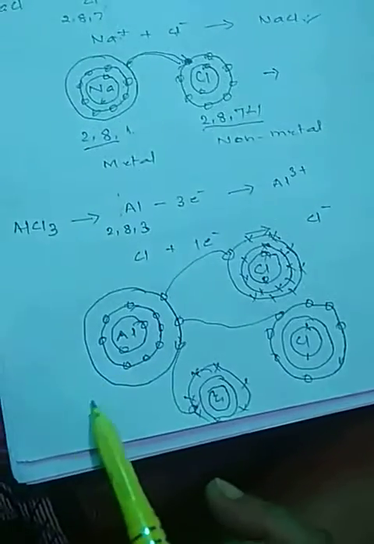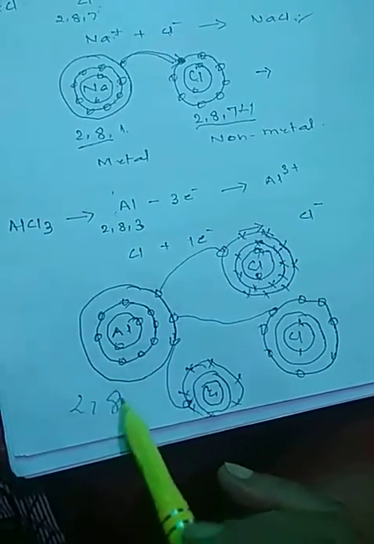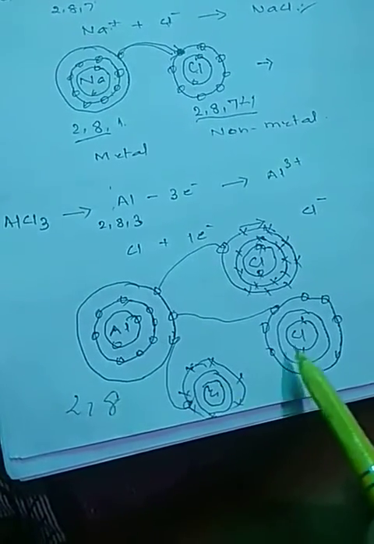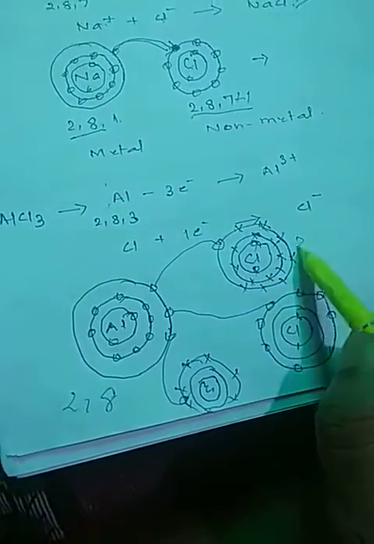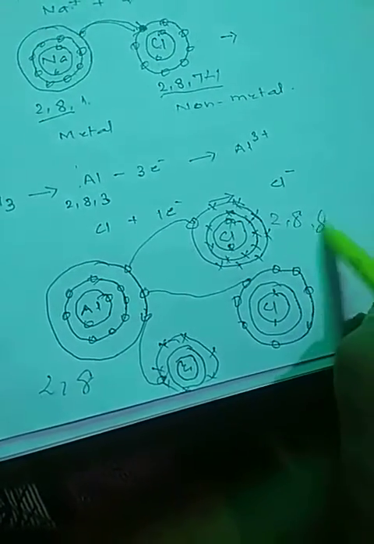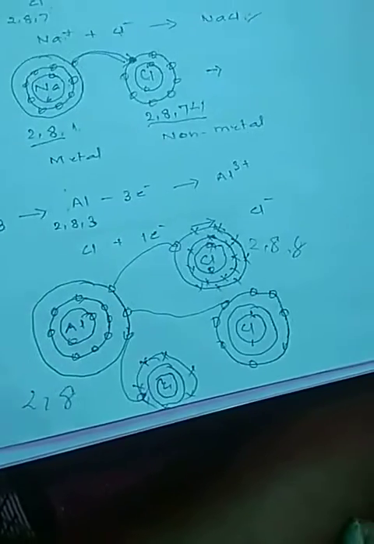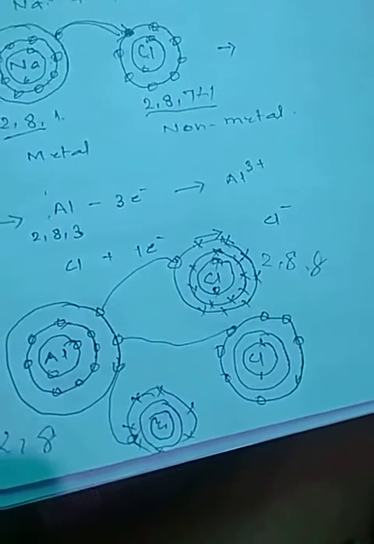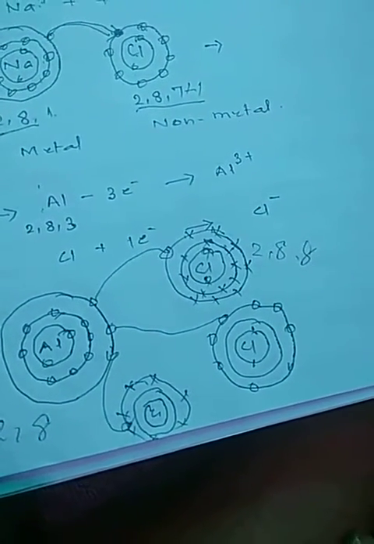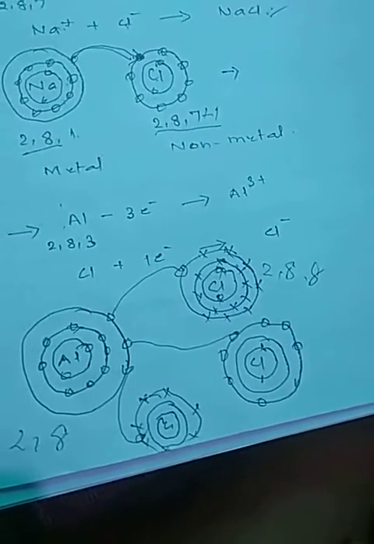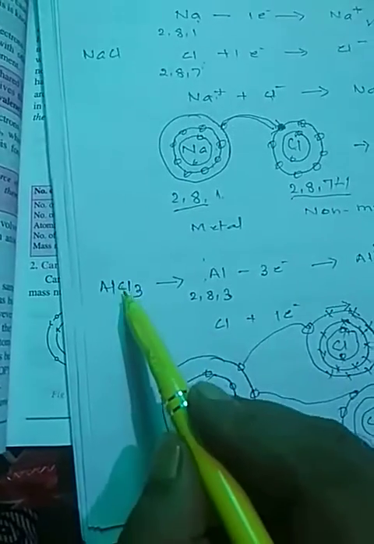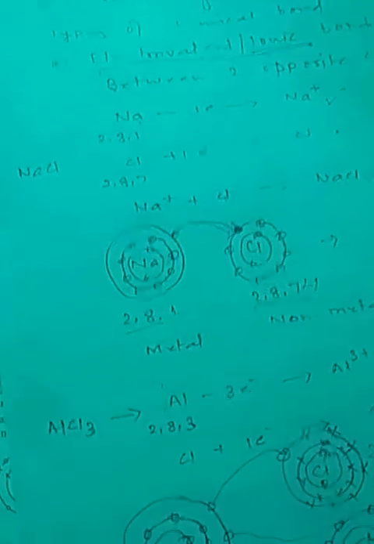Now this aluminium has 2, 8, and all the chlorines have 2, 8, 8, which means the outermost shell is now complete, and it forms AlCl3.